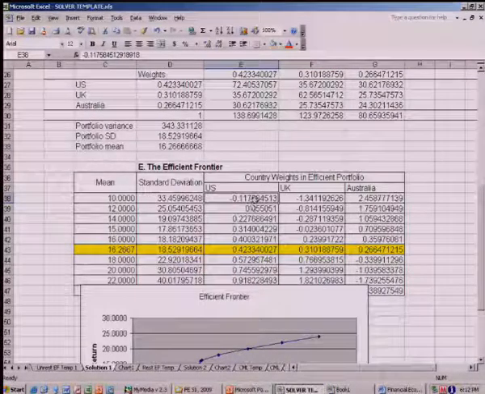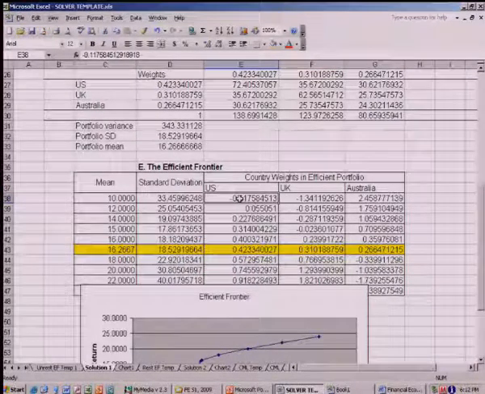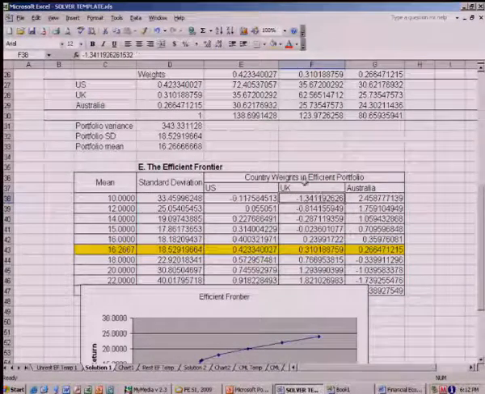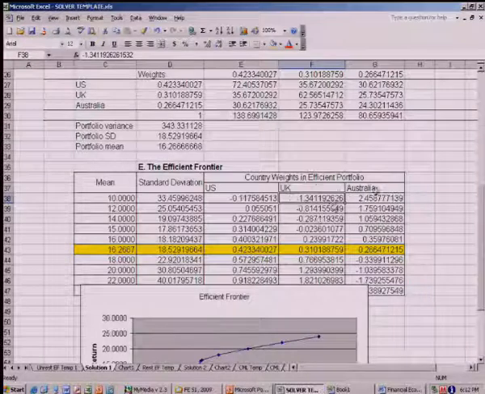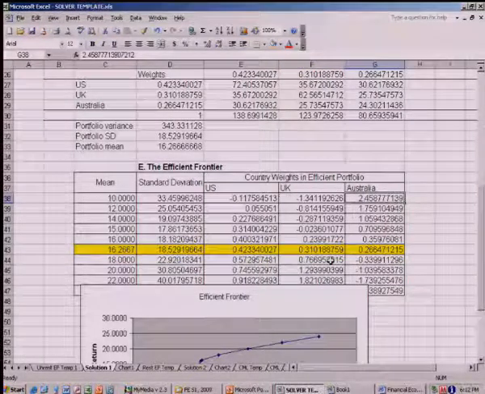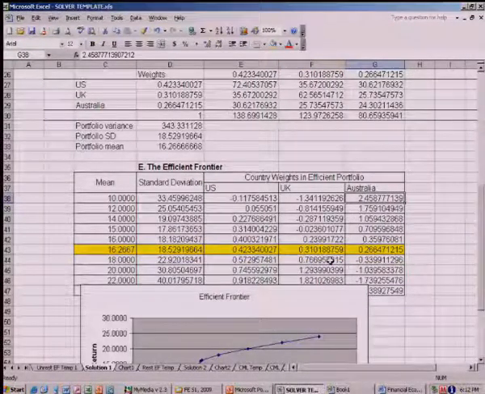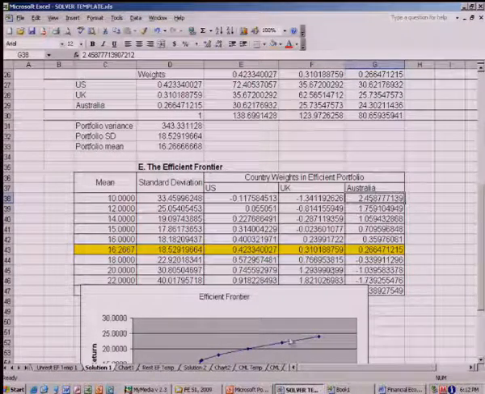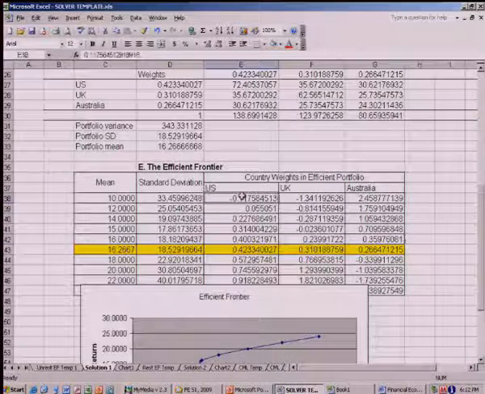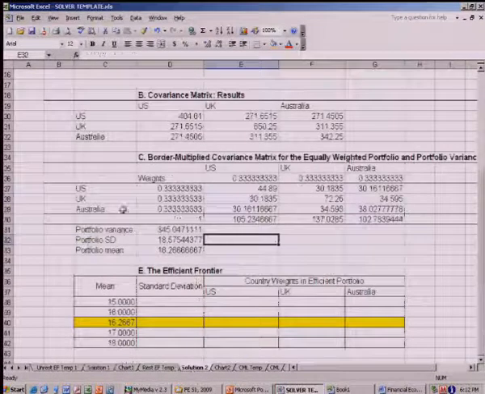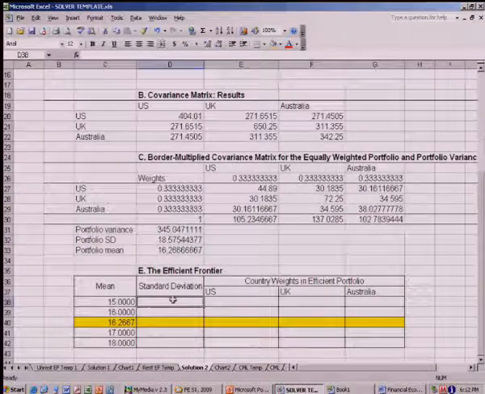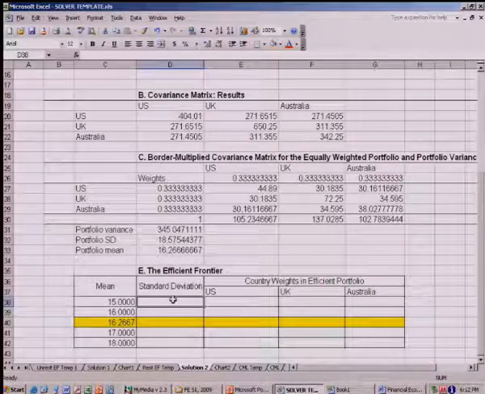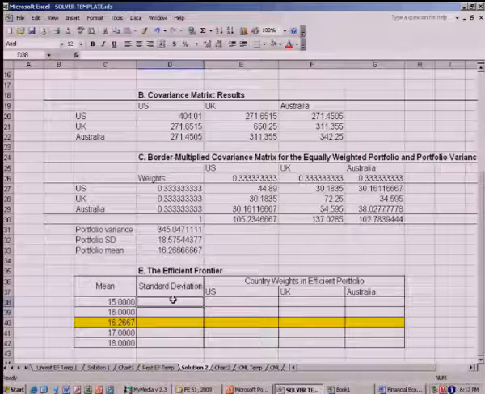It means that you have short sold this US asset and short sold the UK asset, and you used the proceeds of the sale of those assets to invest into the obviously higher return asset, which is the Australian asset in this case. That's what we have done previously. But in this situation, we don't want to do that. We only want to invest our money within those assets.